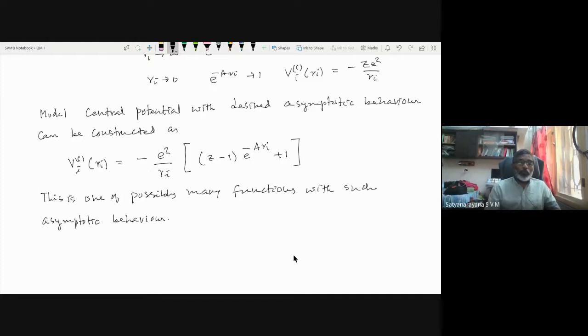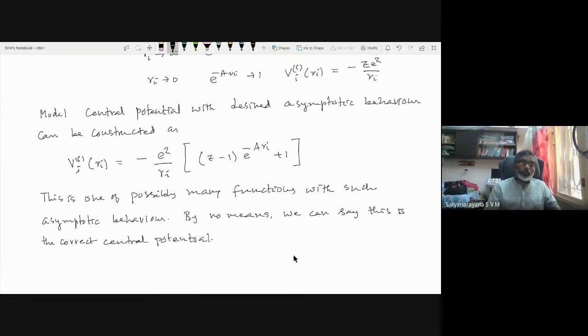And by no means can we say this is the correct central potential. Since we don't know, we have some potential, but we cannot say that it is the correct potential.